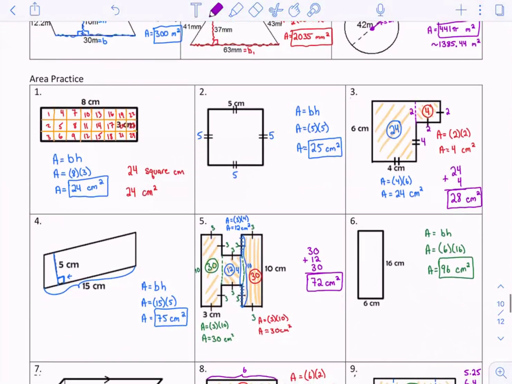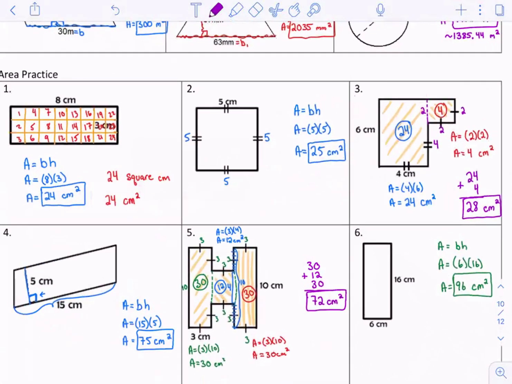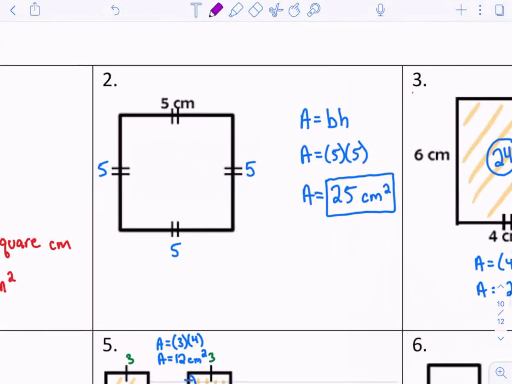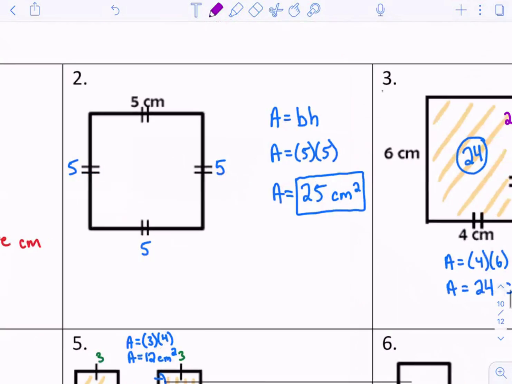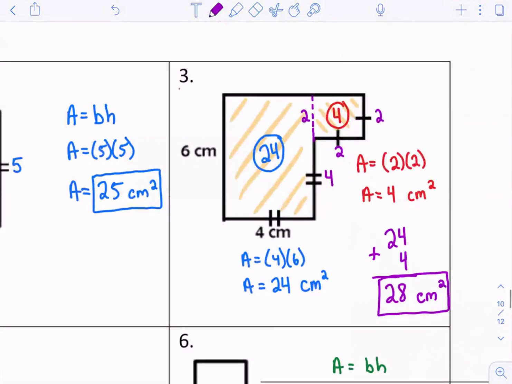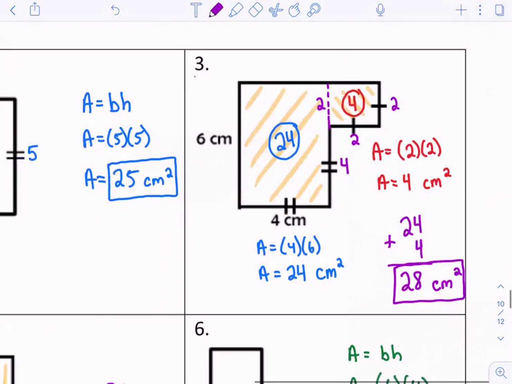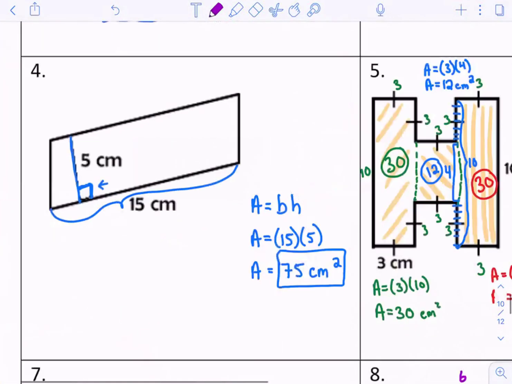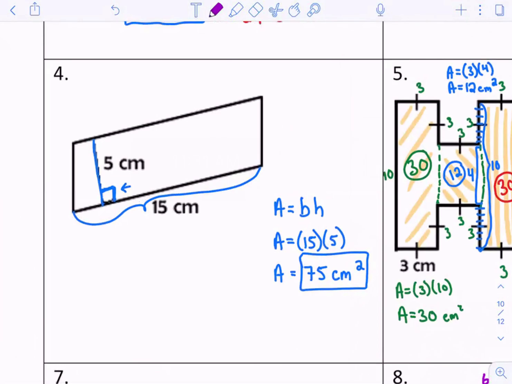We have all the answers here for you, so I'm going to zoom in while you check your work. Everything has been color coordinated and labeled. Pause the video as needed. This one you just have to recognize, even though it's a little slanted, this could be the base and this is the height because there's that 90-degree angle.